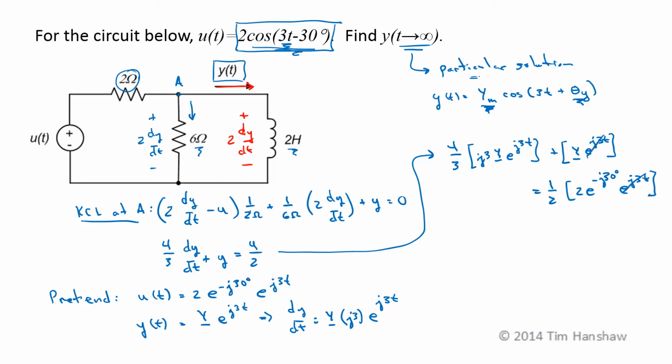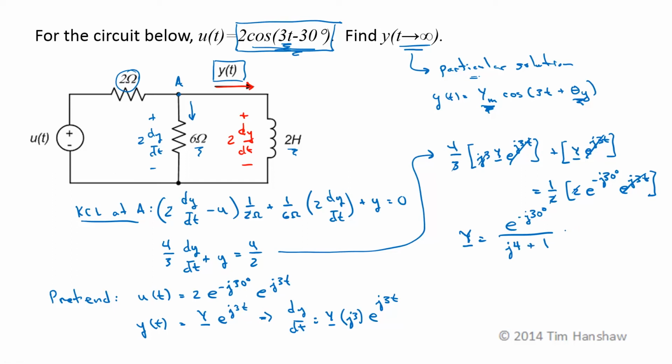The e to the j3t's all cancel out. Grouping terms and solving for y, the phasor, gives me, let's see, that cancels with that, e to the minus j30 degrees over, that cancels with that, j4 plus 1.